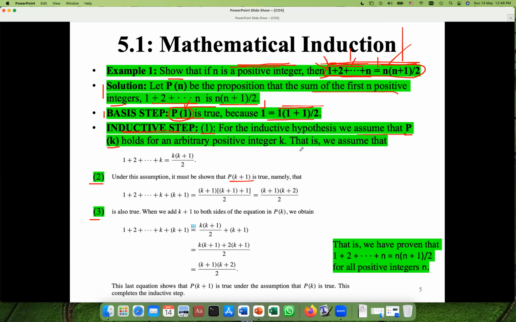So you can say that we assume that P of k holds, meaning is true, for any arbitrary positive integer k according to the domain. This k we are using, so you have to use the k here. If you assume that P of k is true for any positive integer, then you have to put k in place of this n. What will be the form of this equation? Because now k is not defined. k is not 1, not 5, not 4, not 7.